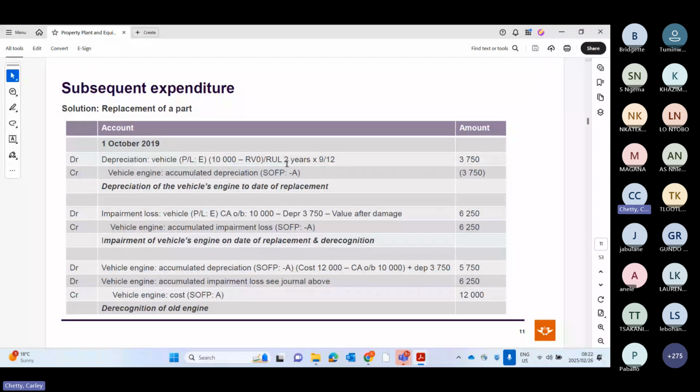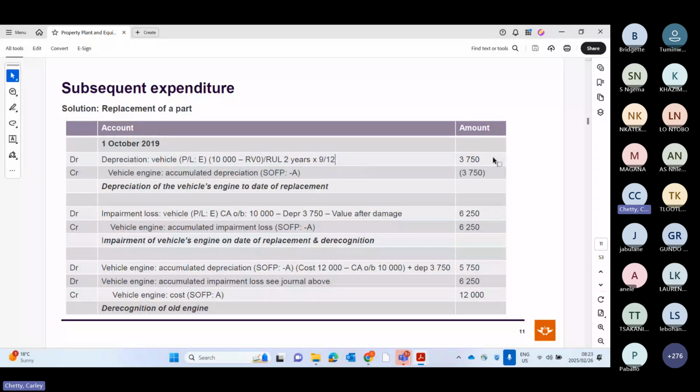Then we multiply by the number of months from 1 January 2019 to just before it was scrapped. It was scrapped on the 1st of October, so we can't depreciate it for the month of October, but we can depreciate it from 1 January to 30 September. If we count the months, we get 9 months, so we are going to prorate the depreciation for 9 months.